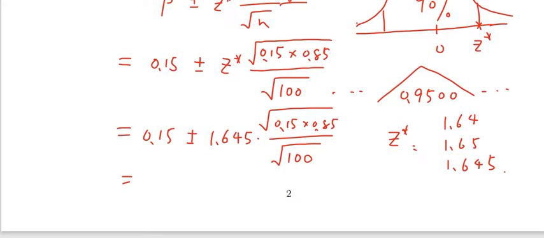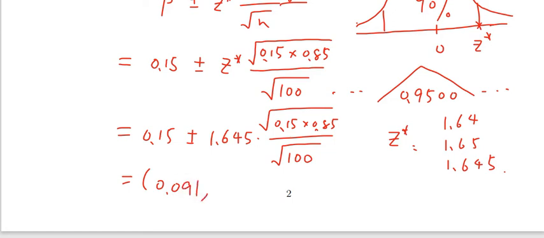So let's say equals 0.15 minus 1.645 times the standard error. So the lower bound is like 0.091.